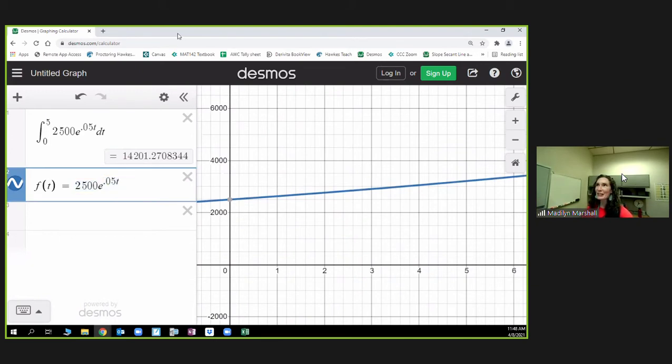So e is used to model a lot of different things. It is used to model growth, like investing with continuous compounding, which we're going to see in just a moment. It can be growth in the natural world, like growth of populations. It can be all kinds of growth.